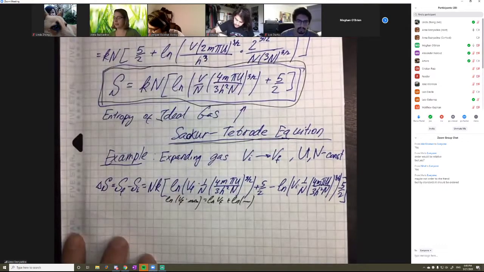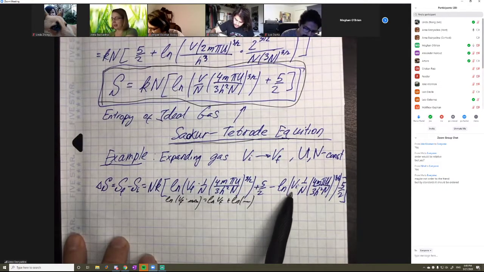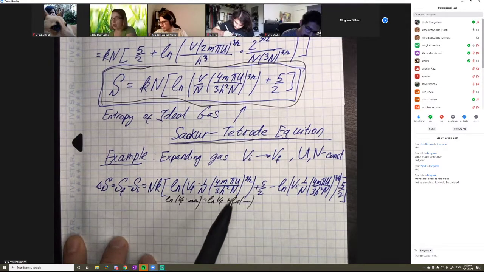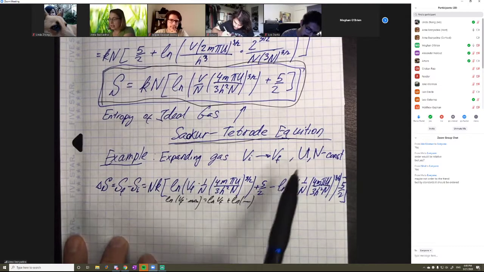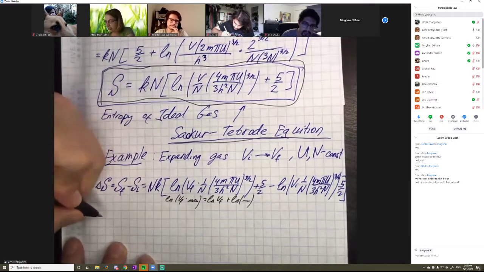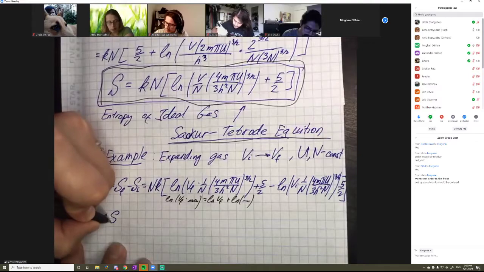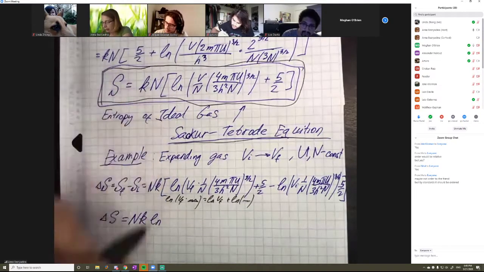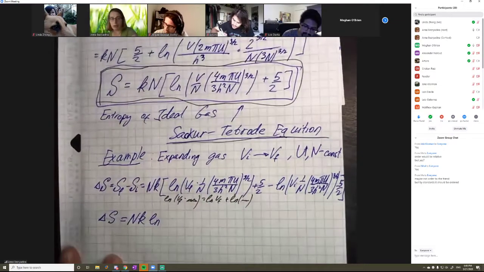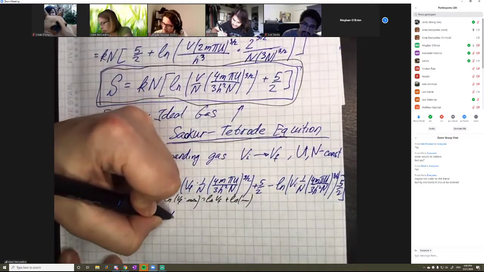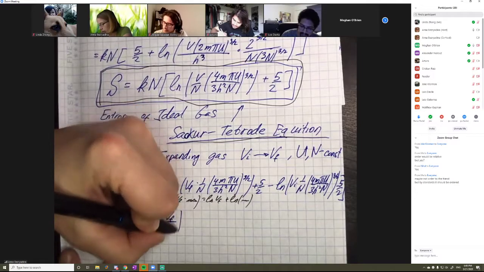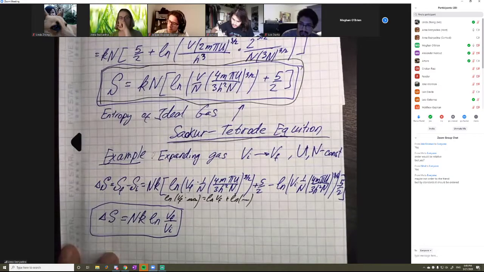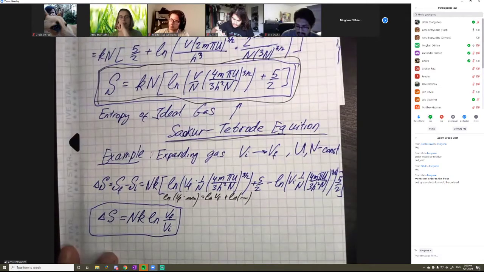And it's the same here, logarithm of V initial and this one. So you can see that 5 half will be cancelled, these parts will be cancelled, and we'll just get nk logarithm of V final minus logarithm of V initial, and we can write it as V final over V initial.